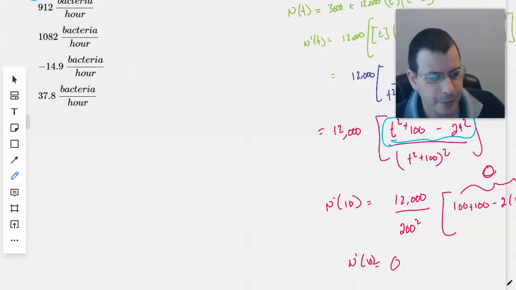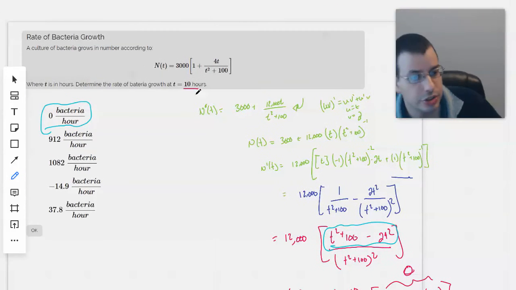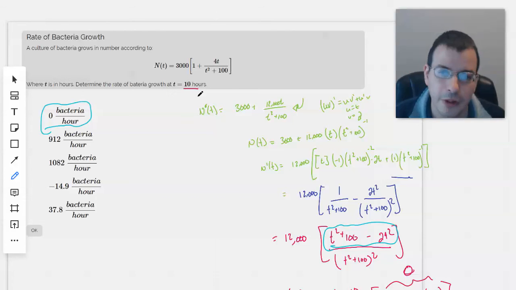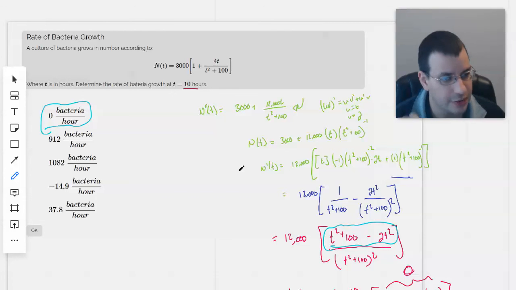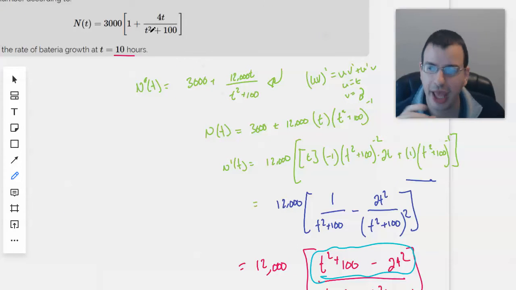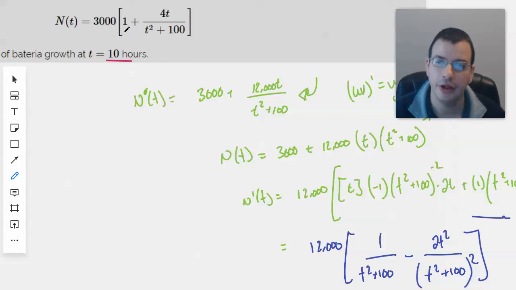Okay, so what happened here was we're given an equation modeling some sort of something. We want to find the rate of change of that. And so we did that. We had this 3,000 here, which ended up just going away, because when you take the derivative of a constant, it just goes away.